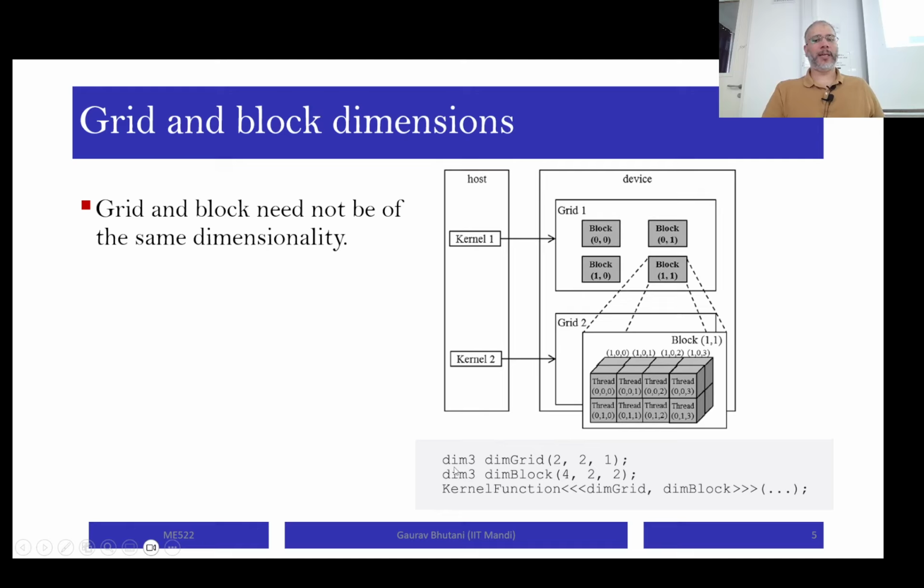If you look at the dim3 objects, dim grid is 2,2,1, which means it's a two dimensional grid, while dim block is 4,2,2, so that's a three dimensional block. This is something one must know, a subtle feature of CUDA.